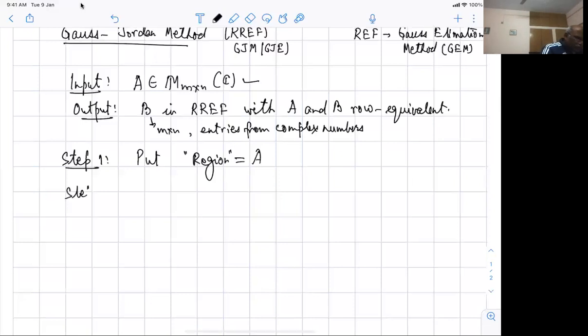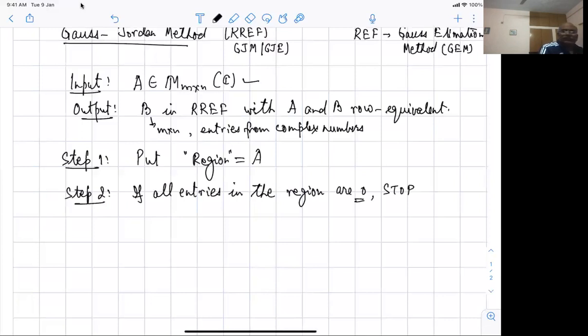Step 2: if all entries in the region are 0, stop, and just say that this is the answer you have. The algorithm stops because every entry is 0, so it is already in RREF.